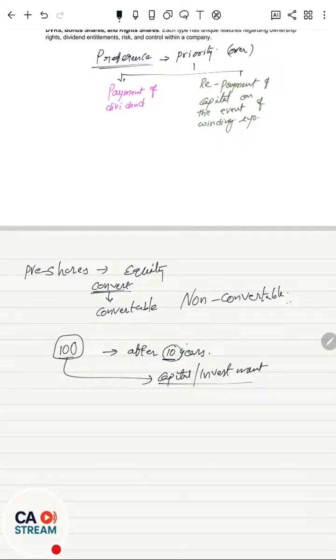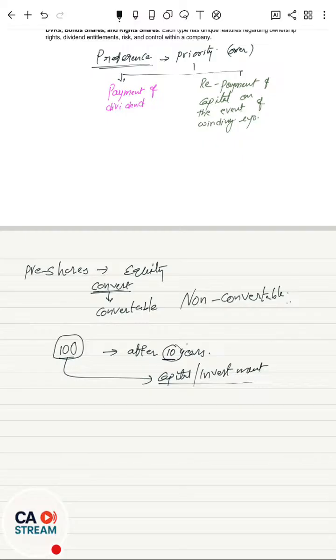But friends, in case you invest in your company, will you get back the money again from the company? If you invest in shares and you sell the shares in the share market and get money, that is out of the box. Here what I'm asking is, you purchased equity shares from the company. Will you surrender the equity shares to the company and get back your money? Absolutely not. But redeemable preferential shares means you purchased preferential shares from the company for 100 rupees.